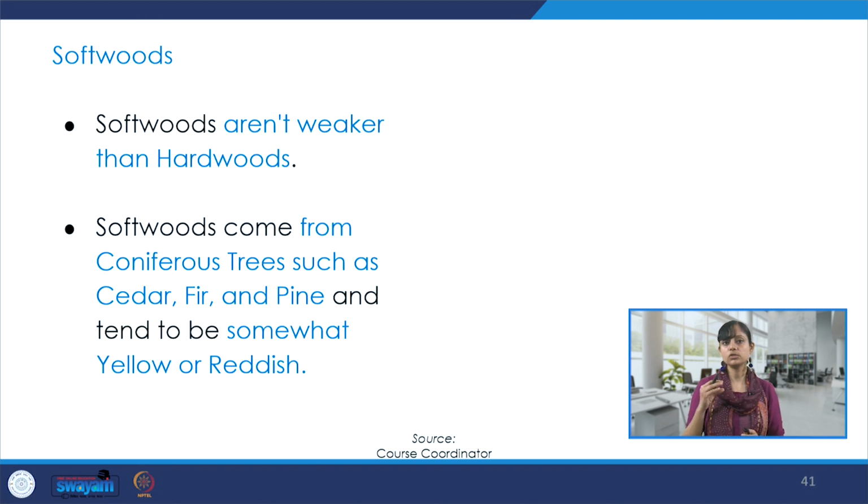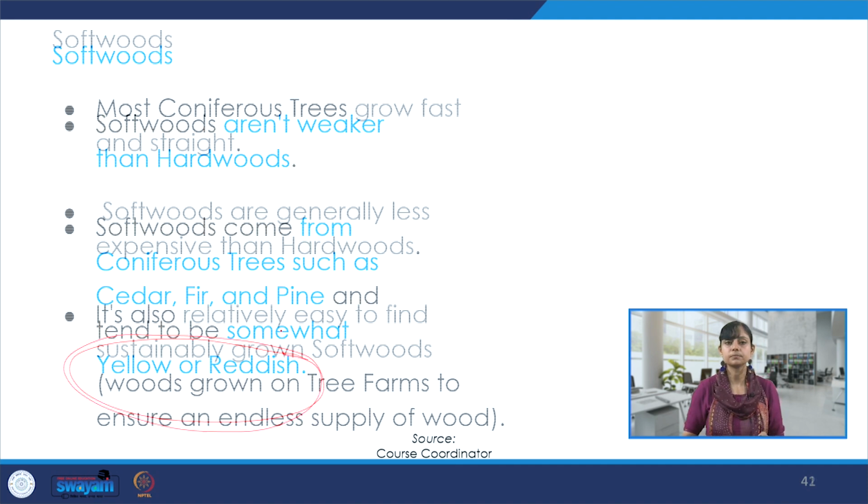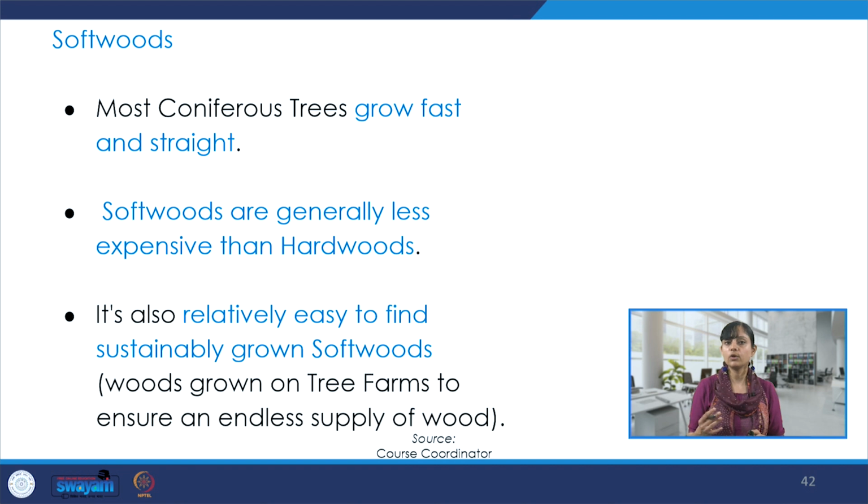So when we talk about softwoods, as the name goes, it doesn't mean that they are weaker than the hardwoods. They come from coniferous trees such as cedar, fir, pine, and they tend to be somewhat yellow or reddish. So we find them usually in these color palettes. Most of the coniferous trees grow fast and straight.